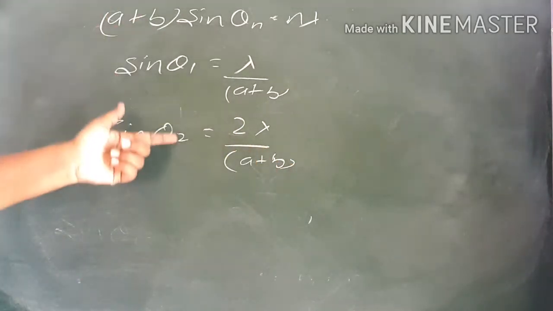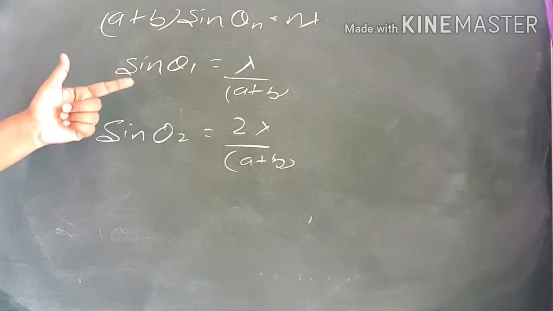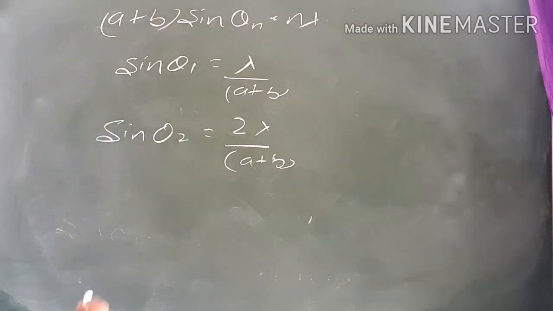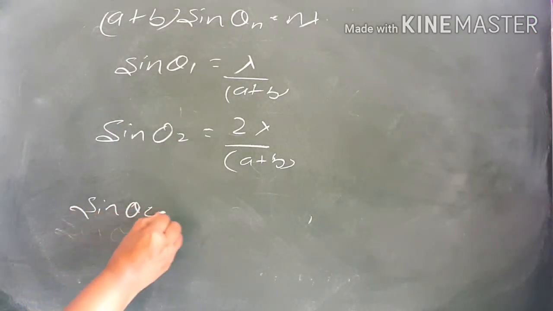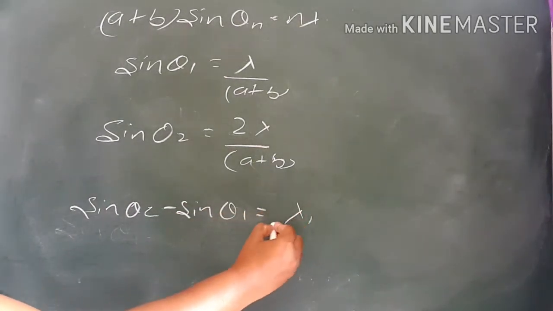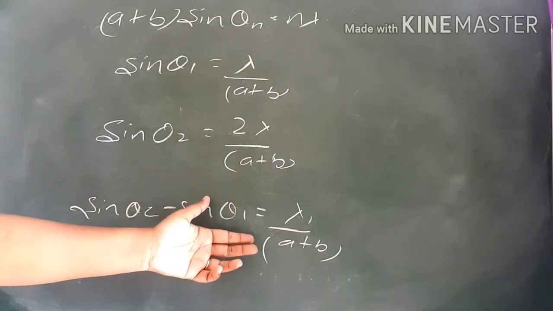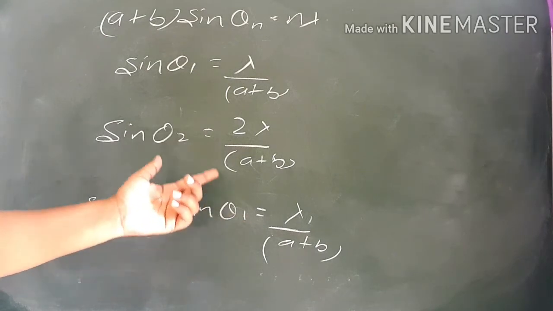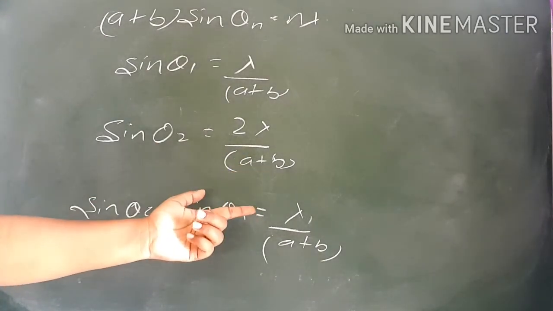And we have to find the angular width between two maxima. Angular width between two maxima means width of minima. So sine theta 2 minus sine theta 1 is equal to lambda by a plus b, which is the same. Angular width of maxima and minima both are the same, and all fringes have the same width.